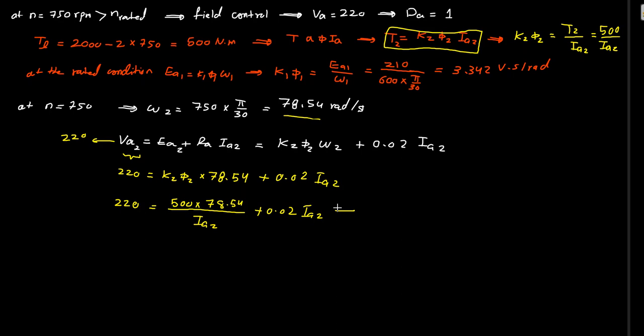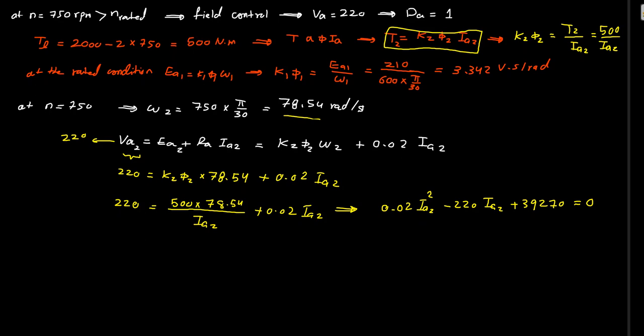If we rearrange this equation, we will get 0.02 IA2 square minus 220 IA2 plus 39270 equal to 0, which is a second order algebraic equation.